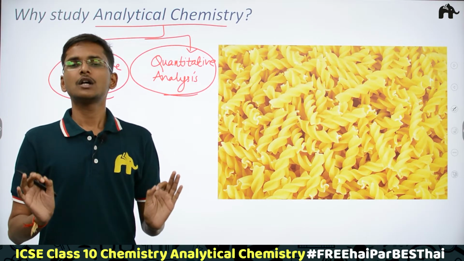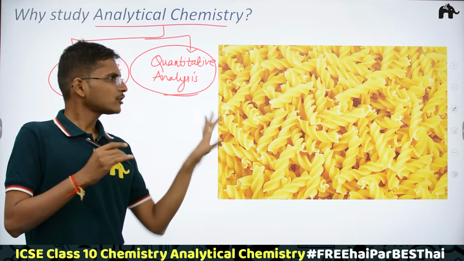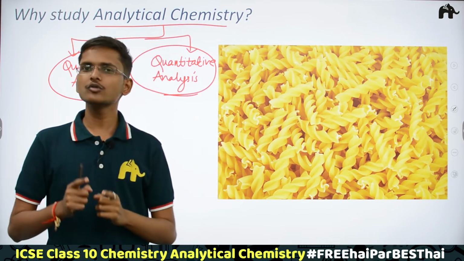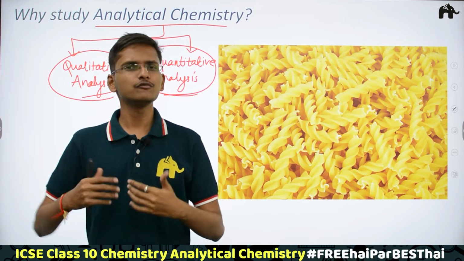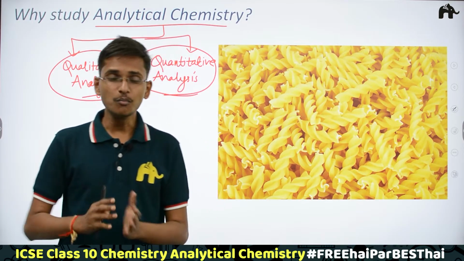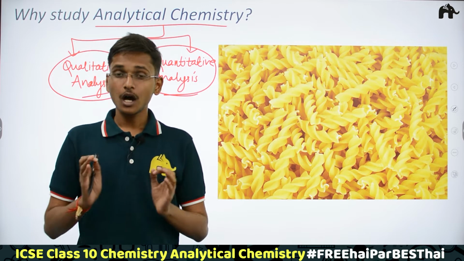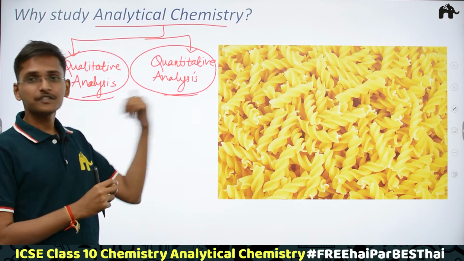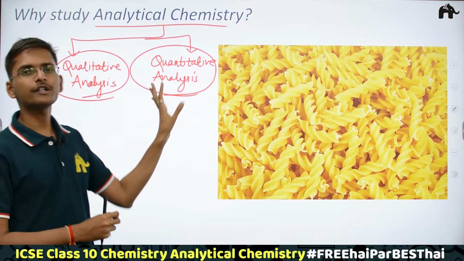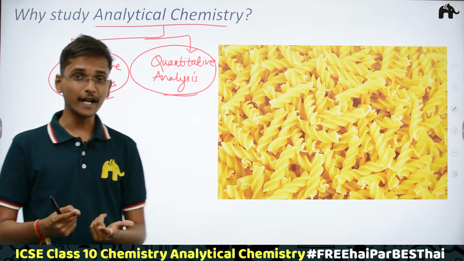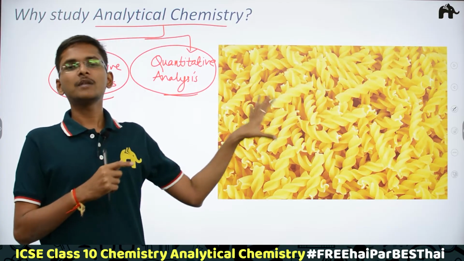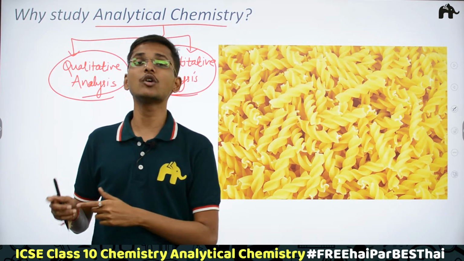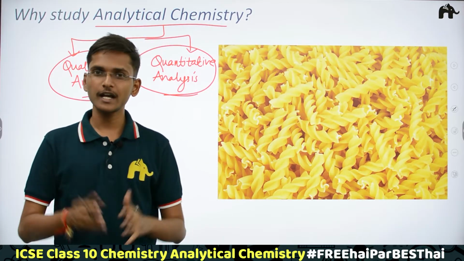Now let's get back to this pasta. Like this pasta, you also eat every day the packed foodstuffs, and most of these foodstuffs are rigorously tested, rigorously analyzed. They are passed through this qualitative and quantitative analysis thoroughly, so that they may not end up delivering us foodstuffs which are harmful, and in turn we may not end up eating those foodstuffs and fall ill.